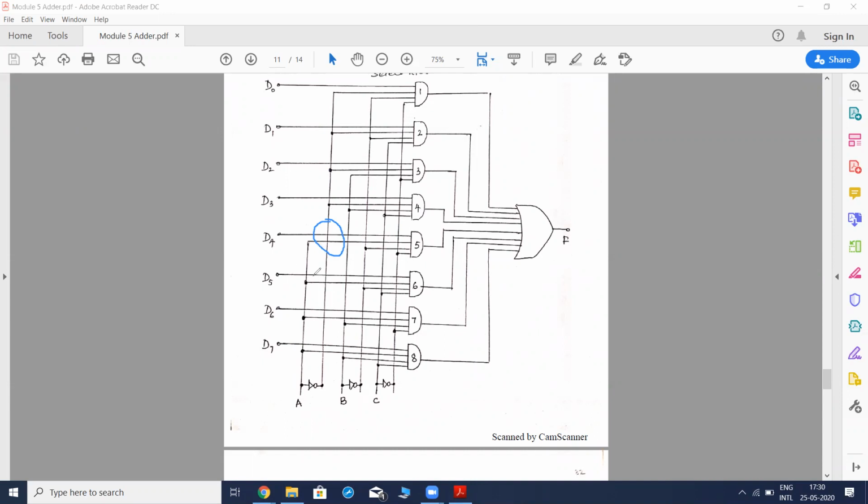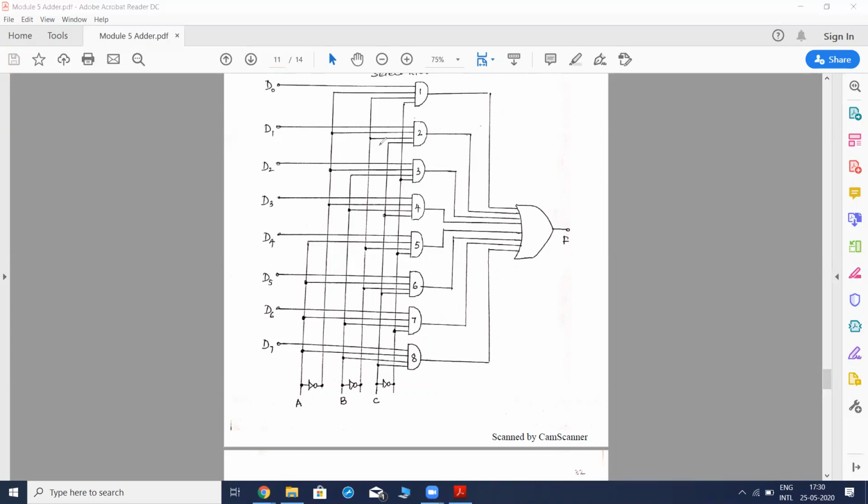Wherever you have written the dark dots, that represents a connection being taken from that particular point. I could show you this one. This is a connection that is taken. Here also the connection is being taken. Here also the connection is being taken.